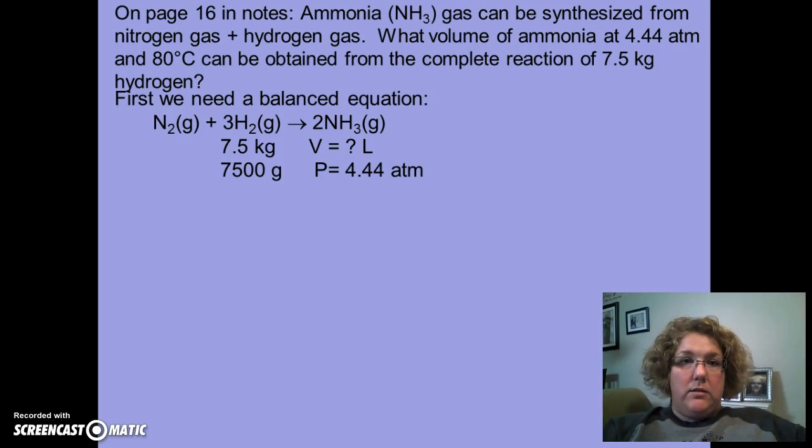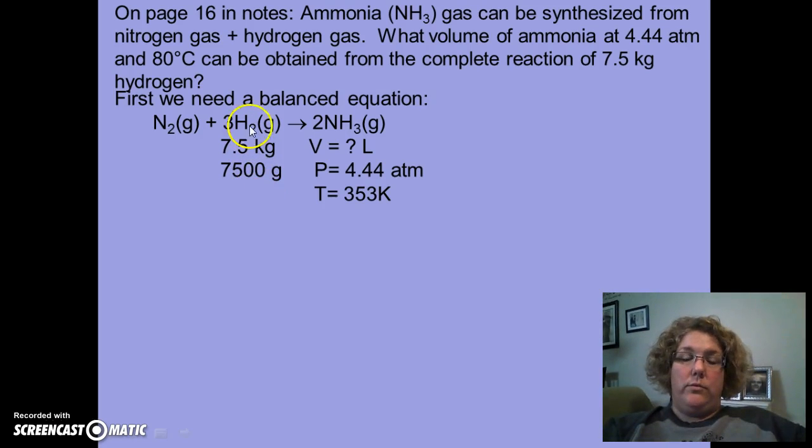Now, thing to remember with this one is that we're not at STP. We're at 80 degrees Celsius, which is 353 Kelvin, and we're not at 1 atm. We're at 4.44 atm. So there's no way to get around using PV equals nRT this time. But first, we need to get moles of ammonia, and the mass we're given is not the mass of ammonia, it's the mass of hydrogen.